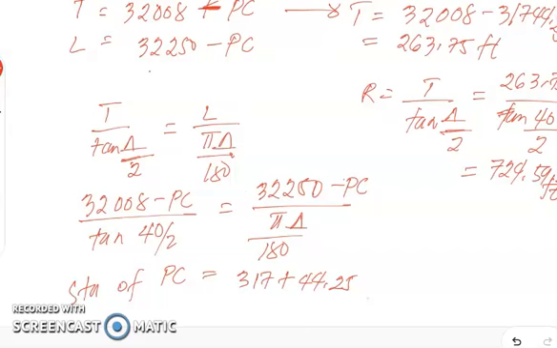We have to take note that the curve radius is usually taken to the center line of the roadway. On the center line of the roadway, there are two lanes before the center line.